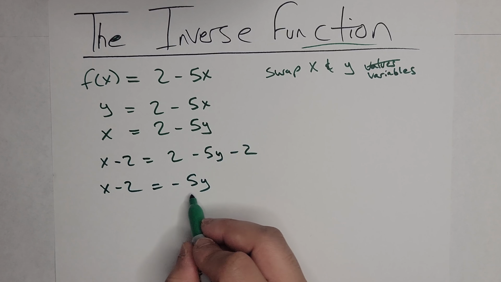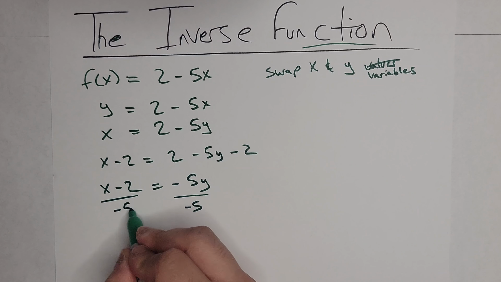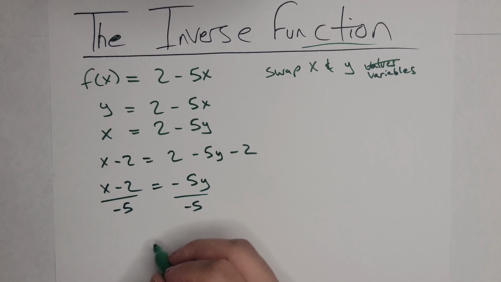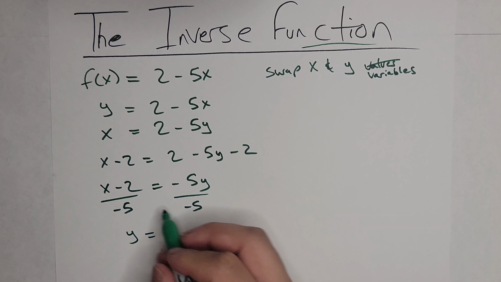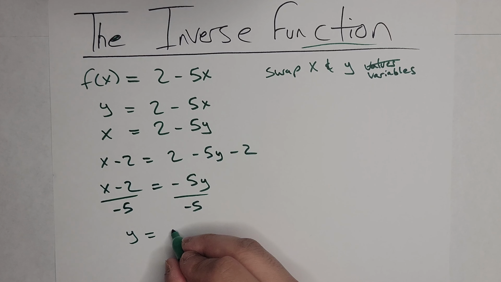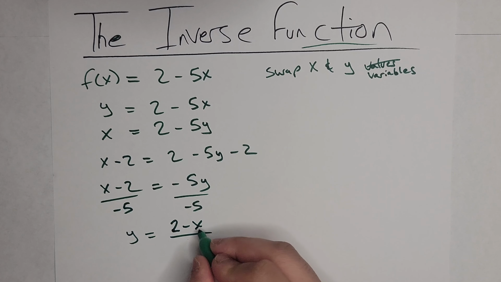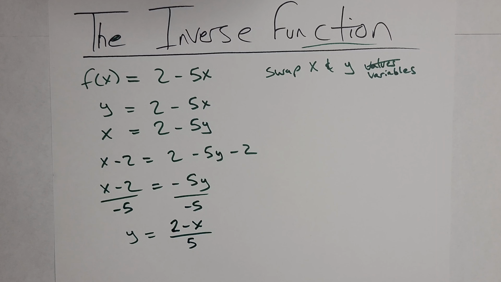I have negative 5 being multiplied on this side, so I'll divide both sides by that. So now I'm left with y is equal to this, which if you apply the negative, should be 2 minus x over 5. And this is your inverse function.